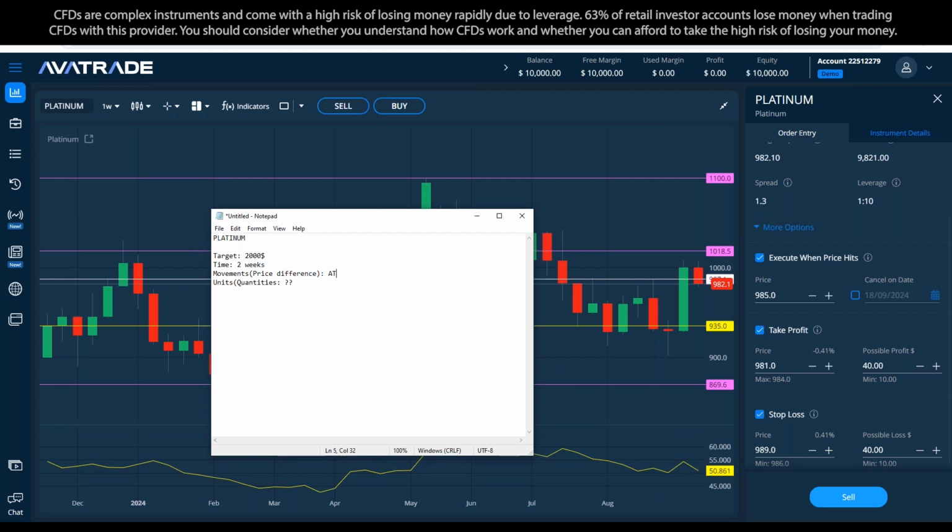So let's put ATR equal 50. Of course we could work on that if it wouldn't make sense, but let's say it does. Okay, 50, and now we need to know how many units. So how many units we need to sell to make $2,000 with $50 difference per unit?